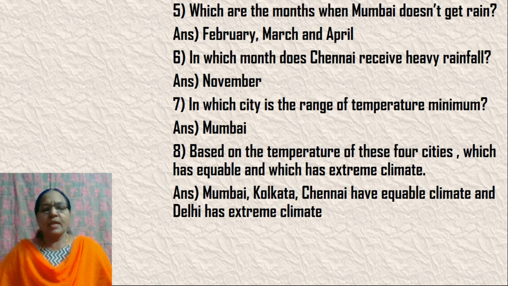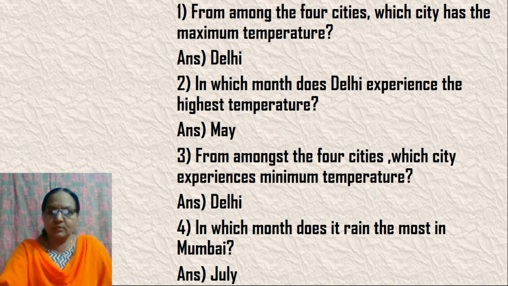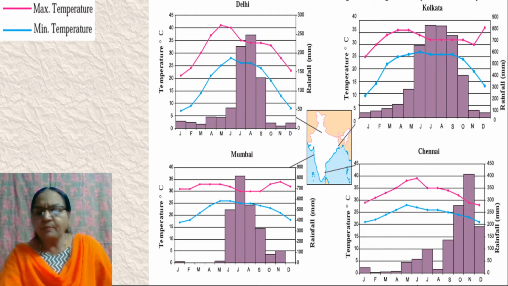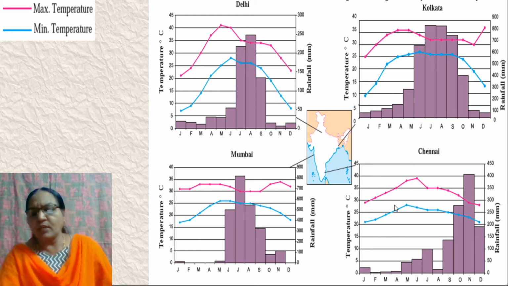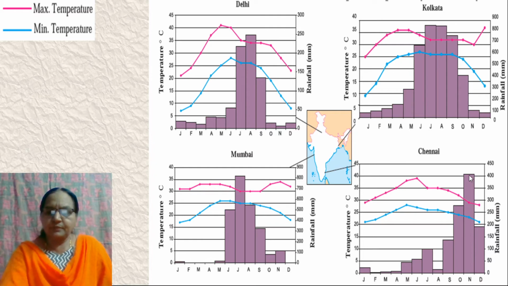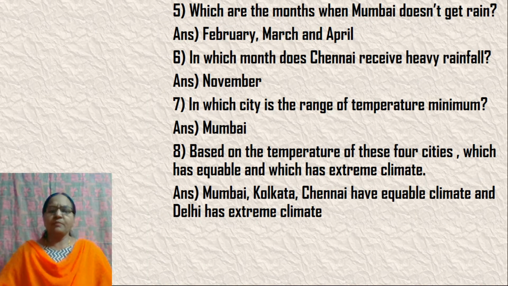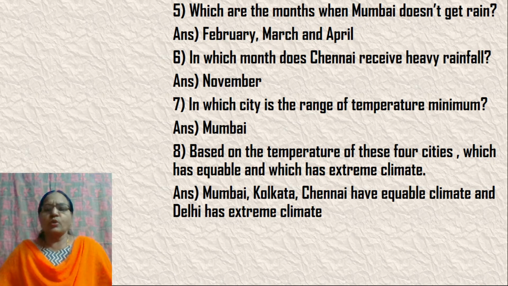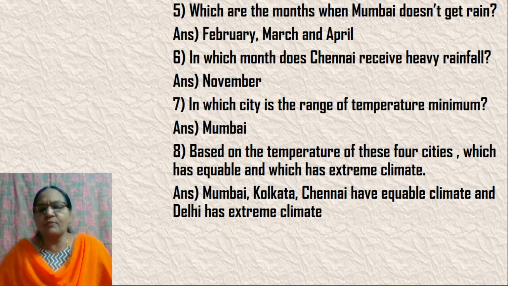Sixth one, in which month does Chennai receive heavy rainfall? So look at the graph here which shows the rainfall of Chennai. You'll find in the month of November, Chennai gets its maximum rainfall. So in which month does Chennai receive heavy rainfall?